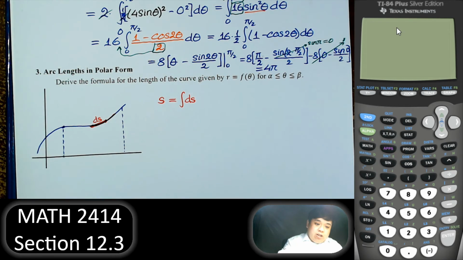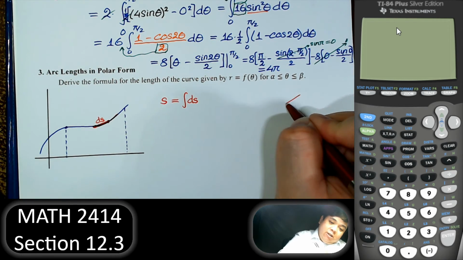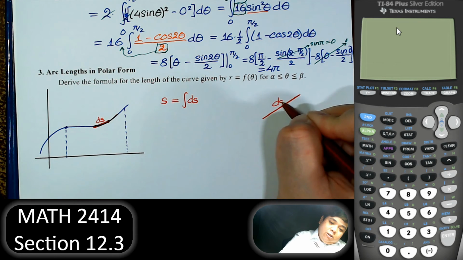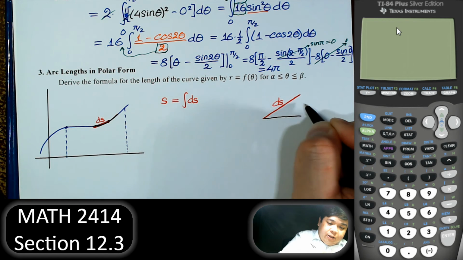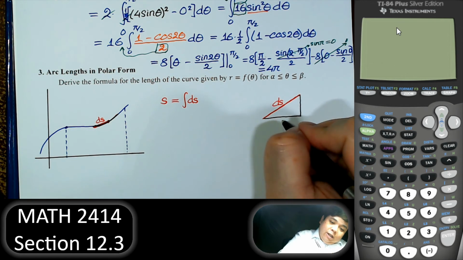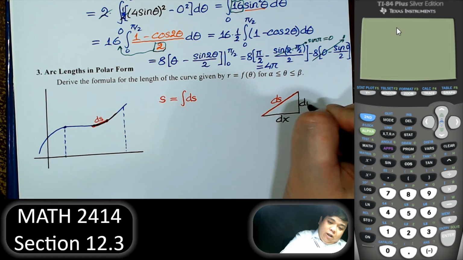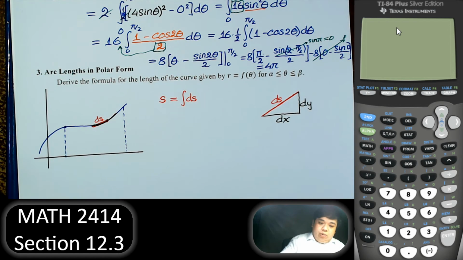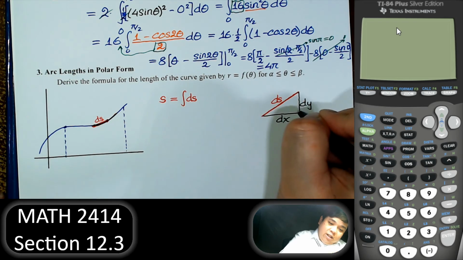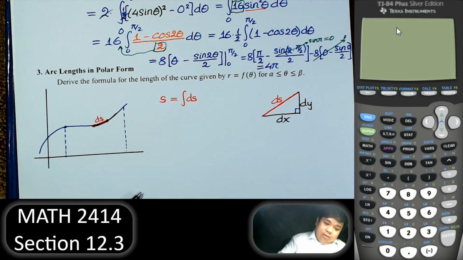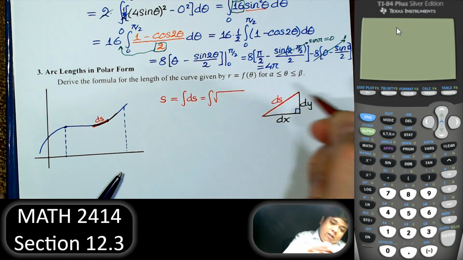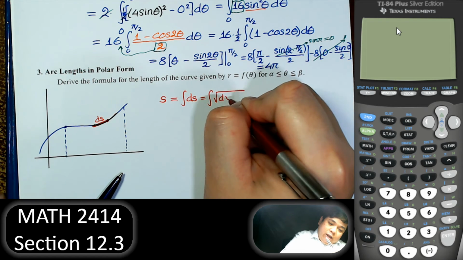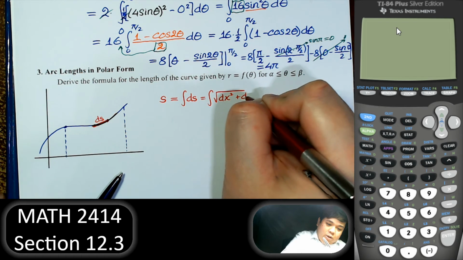Now if I zoom it out, a portion will look like this. And we will have dx and then dy. So ds, by the Pythagorean theorem, is equal to the square root of dx square plus dy square.